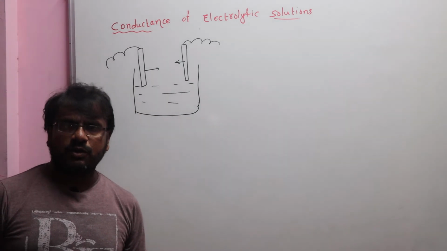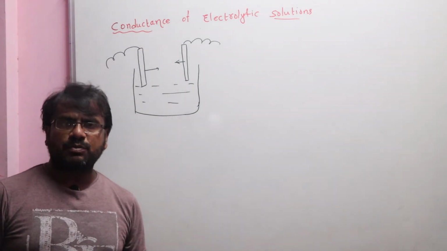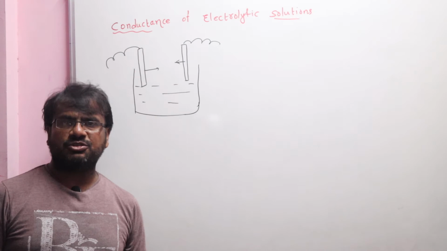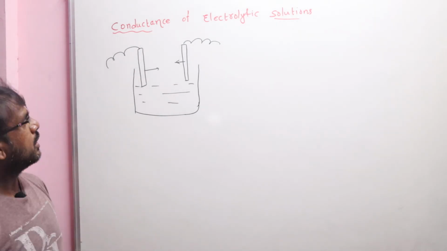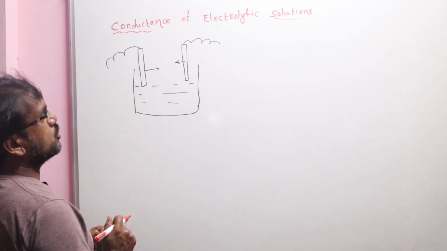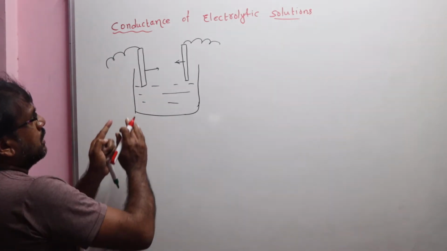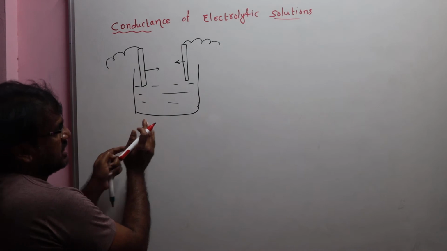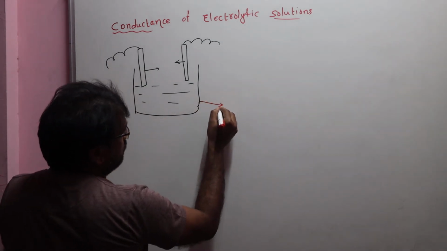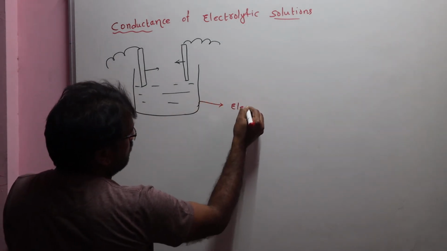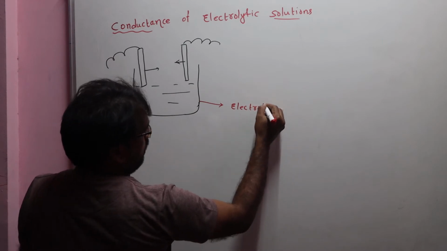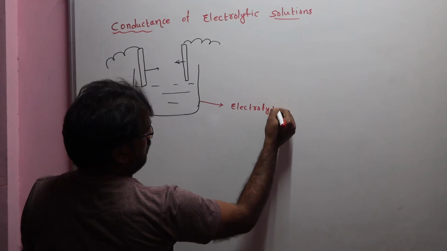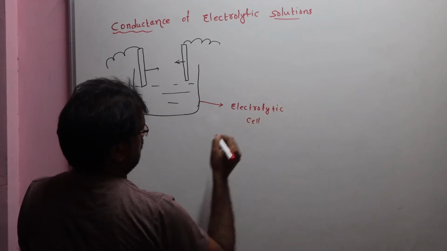In this video I want to explain one of the important topics in electrochemistry, that is conductance of electrolytic solution. Electrolytic solution is taken in an electrolytic cell or conductivity cell.